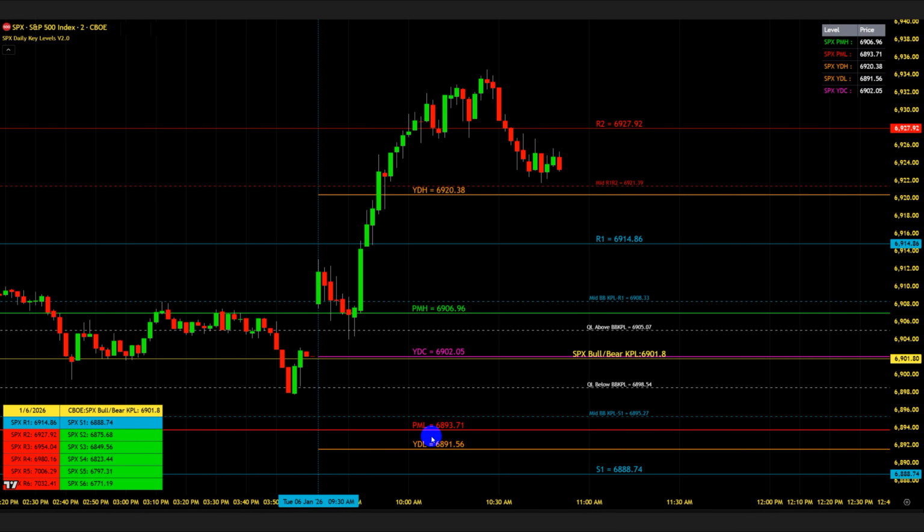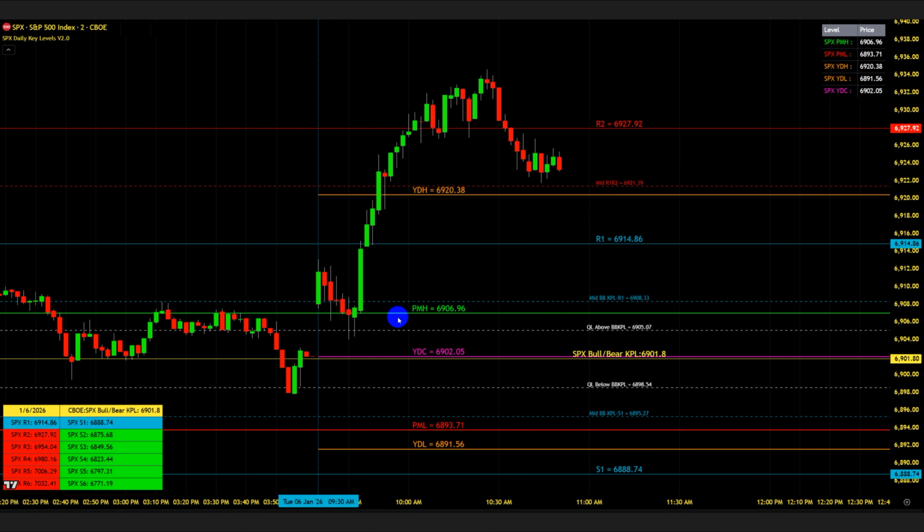As far as these YDC, YDL, and YDH levels, they are also important in the context of every session. The daily high can act as a reversal or stall point or a breakout point, depending on how price action reacts once it gets to that level. They're also important if they are in confluence with other levels, which can include midpoint levels or the main levels, as you see here.